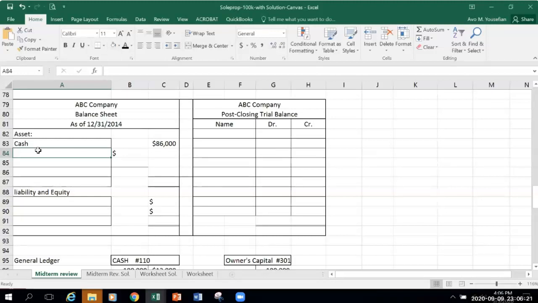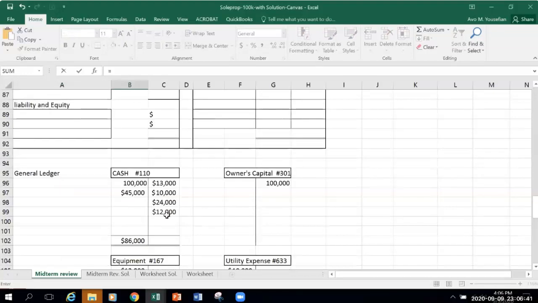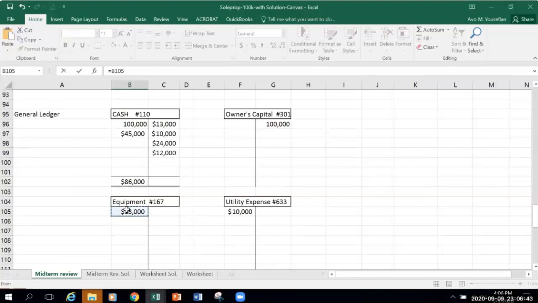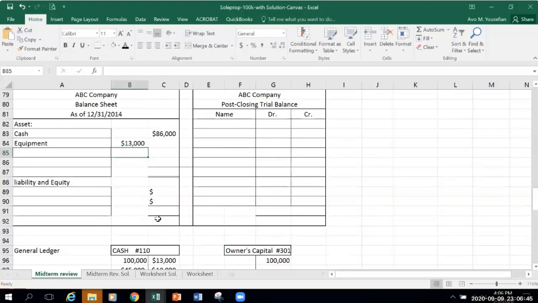So in regards to PP&E, you have equipment. So that's next. We skip investment, and now we are on the PP&E classification. Under PP&E, we have equipment, and the dollar value equals 13,000, enter. Dollar sign is very good.